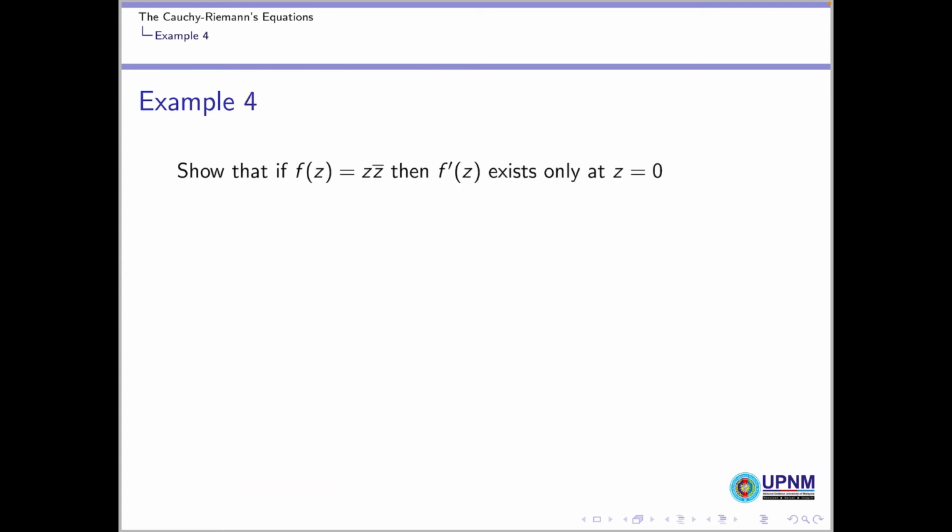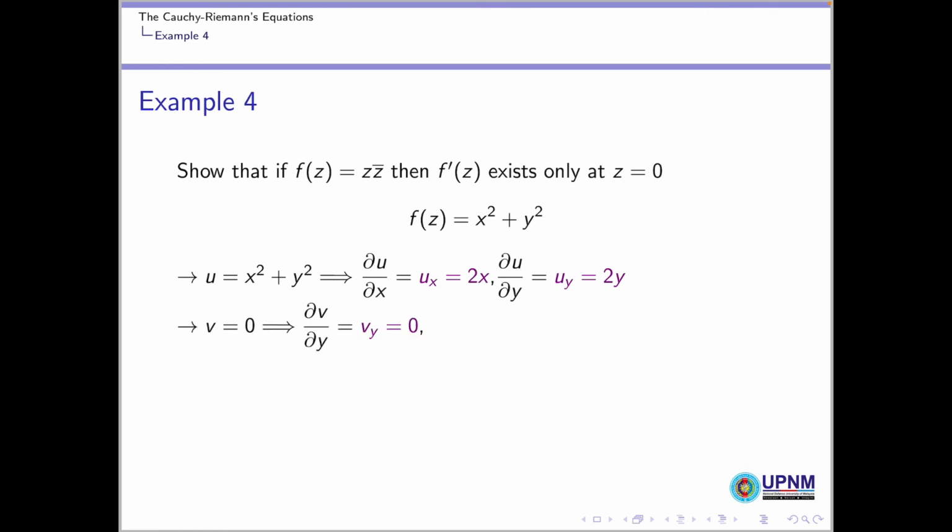Next, example 4: show that if f(z) equals z times z conjugate, then f prime of z exists only at z equals 0. From f(z) equals z z conjugate, we get x squared plus y squared. Then from that complex function, we have only the u component, which is x squared plus y squared. Finding the partial derivatives, u_x equals 2x and u_y equals 2y.